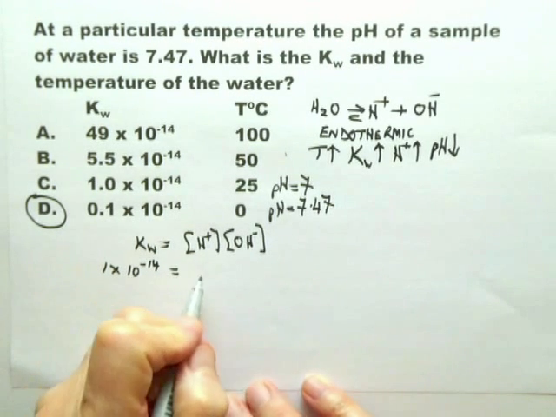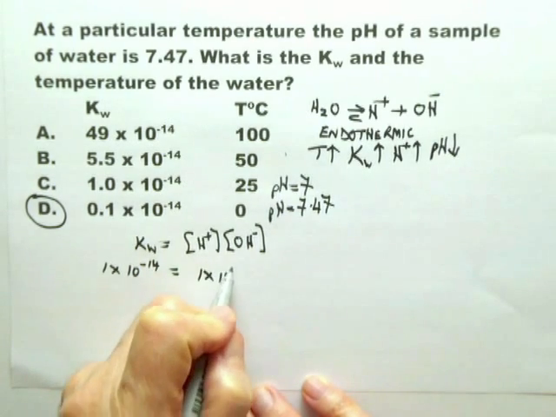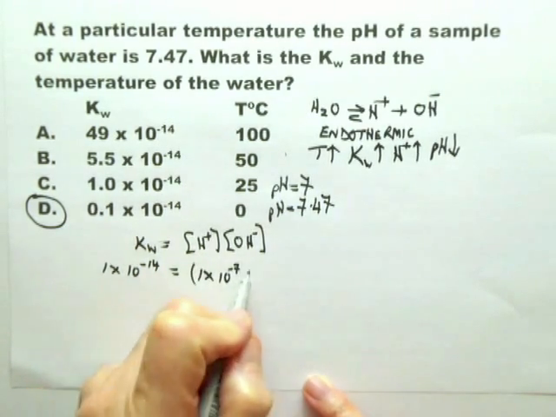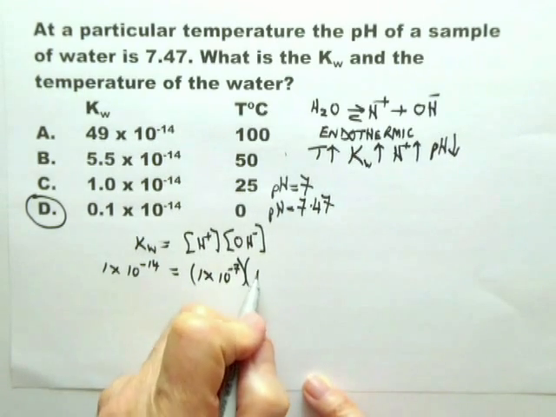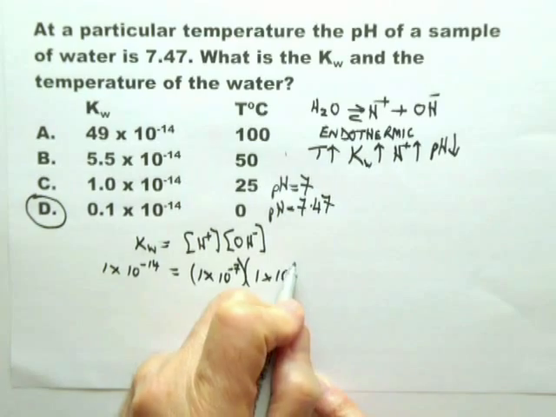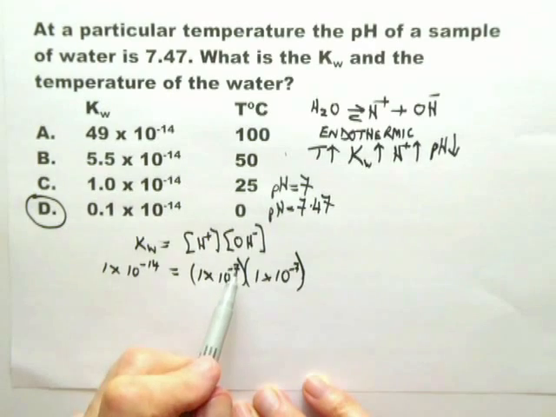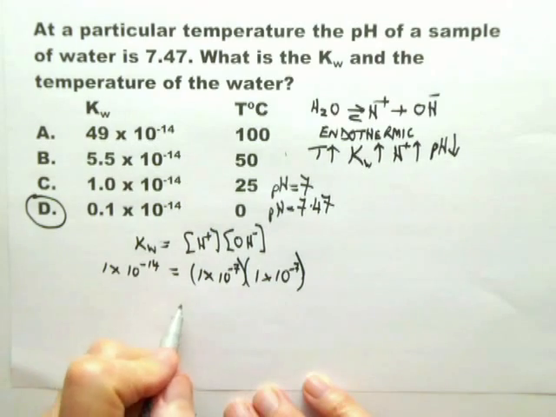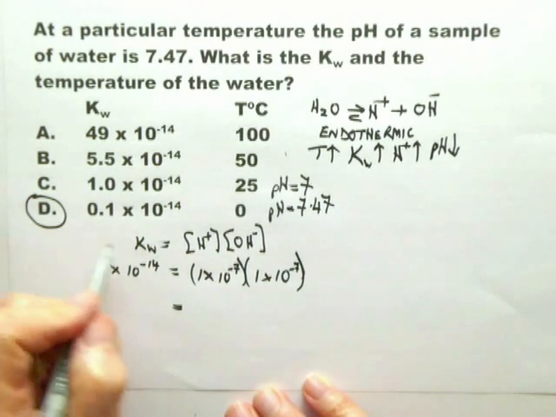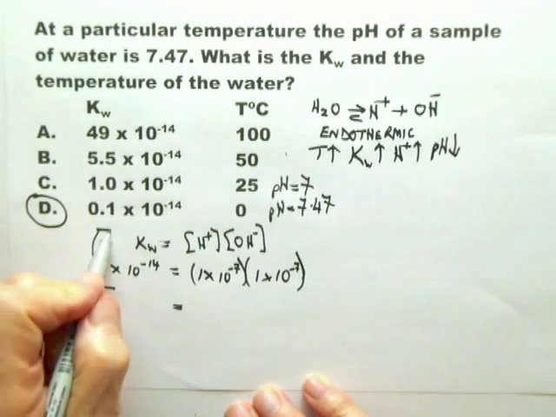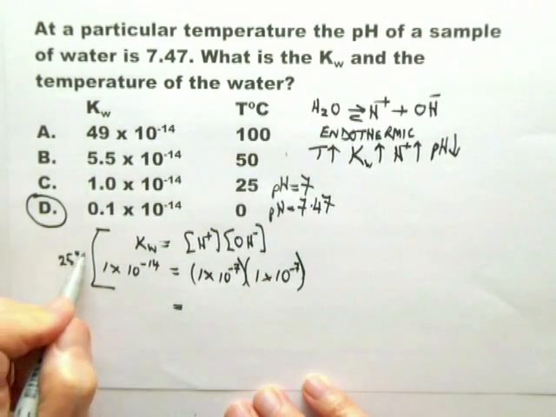We know that the H plus is 1 times 10 to the minus 7, and the concentration of OH minus is 1 times 10 to the minus 7. So all we do is we substitute these 7s for 7.47. So that's at 25 degrees centigrade.